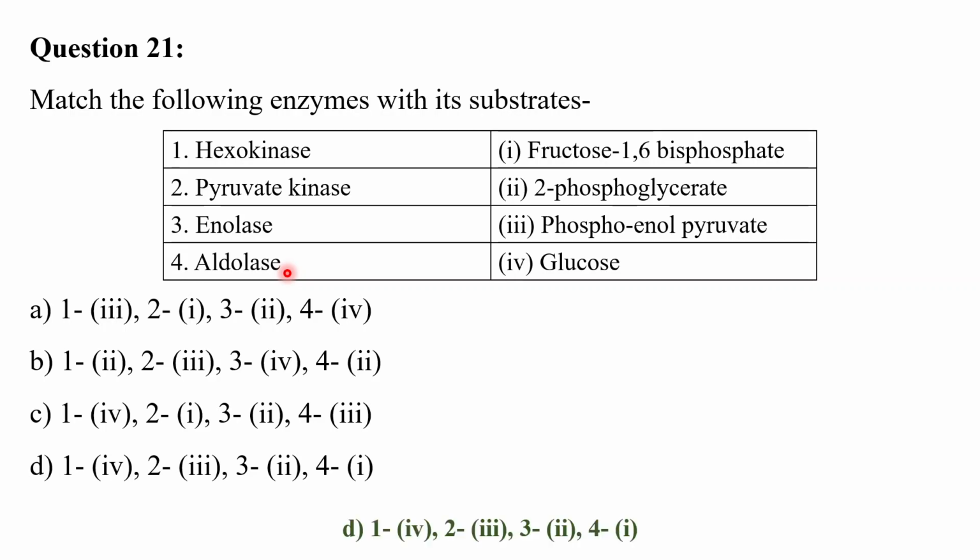So the answer is option D. Hexokinase is glucose, pyruvate kinase is phosphoenol pyruvate, enolase is 2-phosphoglycerate and aldolase is fructose 1,6 biphosphate.